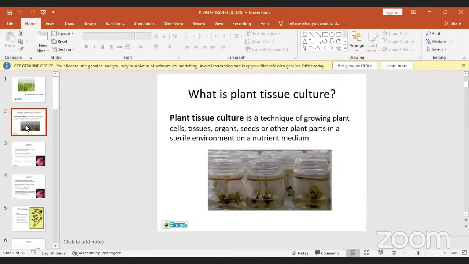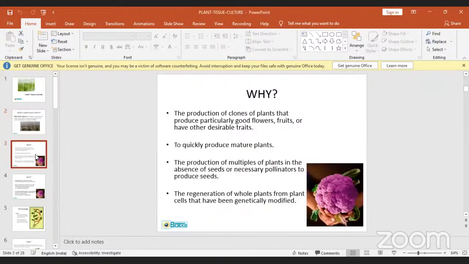We will discuss what is plant tissue culture. Plant tissue culture is a technique of growing plant cells, tissues, organs, seeds, and other plant parts in a sterile environment on a nutrient medium. This is regarding plant tissue culture.